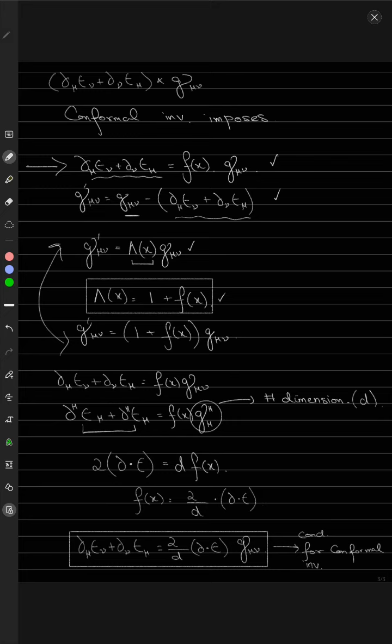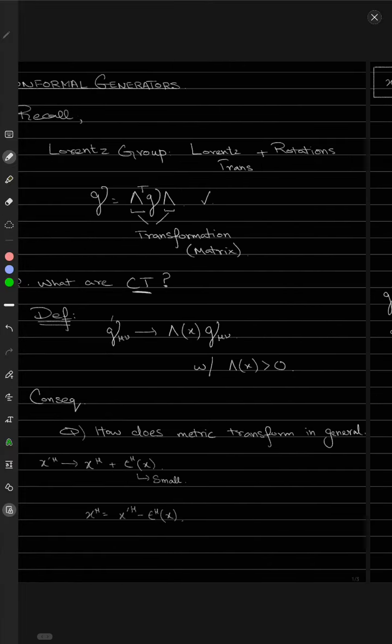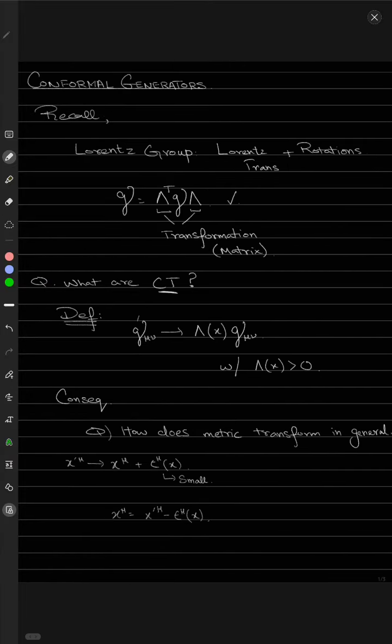Now, of course, we know that you can think of this epsilon as the deformation of the coordinates. Remembering how it was defined over here, it was some deformation in x mu that transformed to x prime mu.